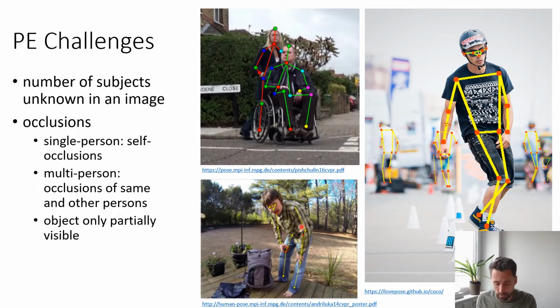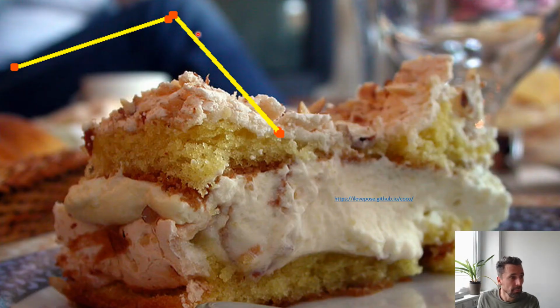So I think pose estimation is quite a challenging task, and that's why we love to look at how this can be solved. This is one of my favorite samples, summarizing really what the challenges are here.